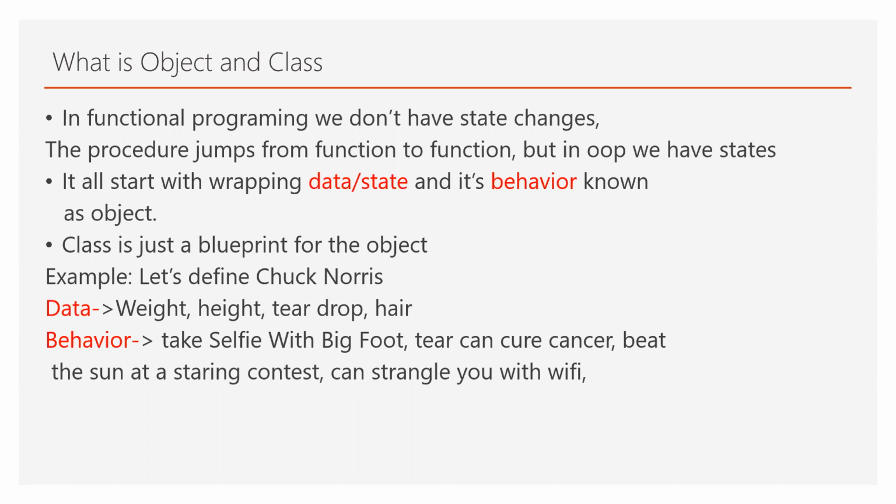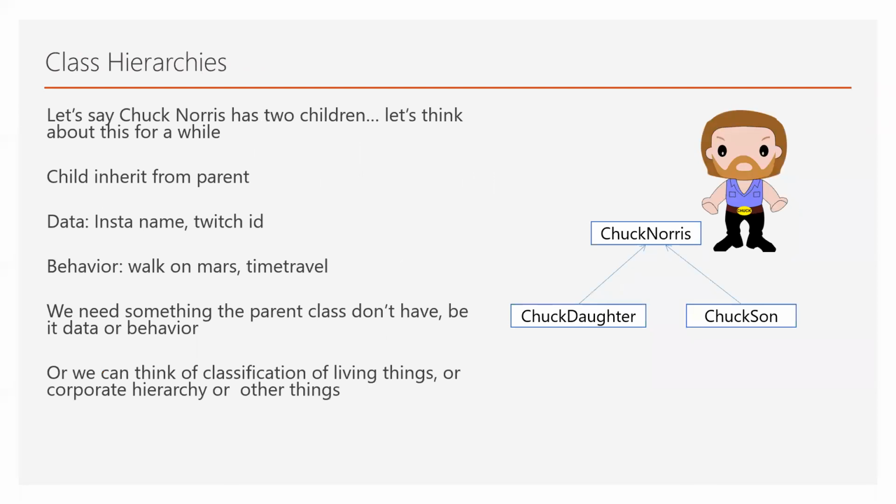Next is class hierarchy. Let's say Chuck Norris has children, and when we need something that the parent doesn't have, or something that we need to override, the child classes, Chuck's daughter and Chuck's son, can have extra fields or data, like an Instagram name and a Twitch ID.